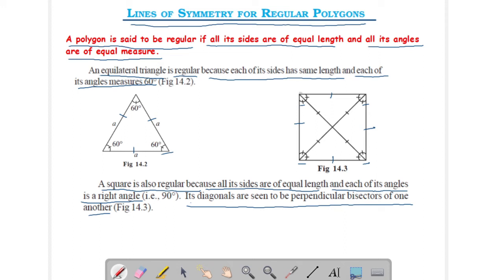That is, this diagonal and this diagonal are perpendicular to each other, they make an angle of 90 degrees here, and they bisect each other, that is this part is equal to this part.